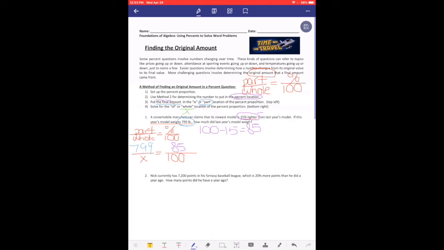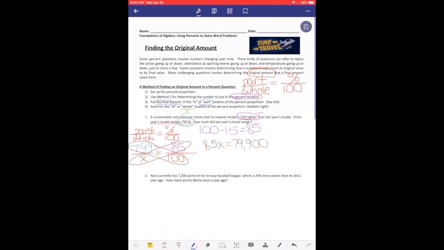Now, we just have to cross multiply to solve for x. I'm going to cross multiply x times 85, which is 85x, and then 799 times 100. When you multiply 799 times 100, you'll get 79,900.